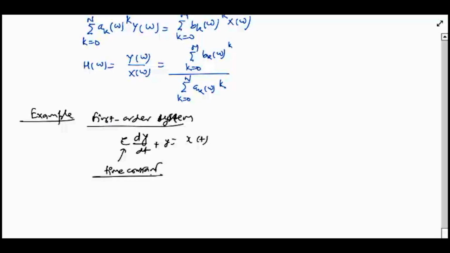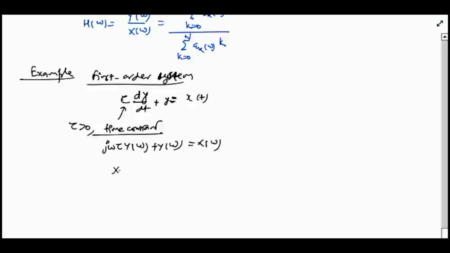If we compute the Fourier transform of both the sides using the derivative property, we see that j omega tau Y(omega) plus Y(omega) is equal to X(omega), which in turn gives the frequency response H(omega) as Y(omega) divided by X(omega), to be 1 over 1 plus j omega tau.